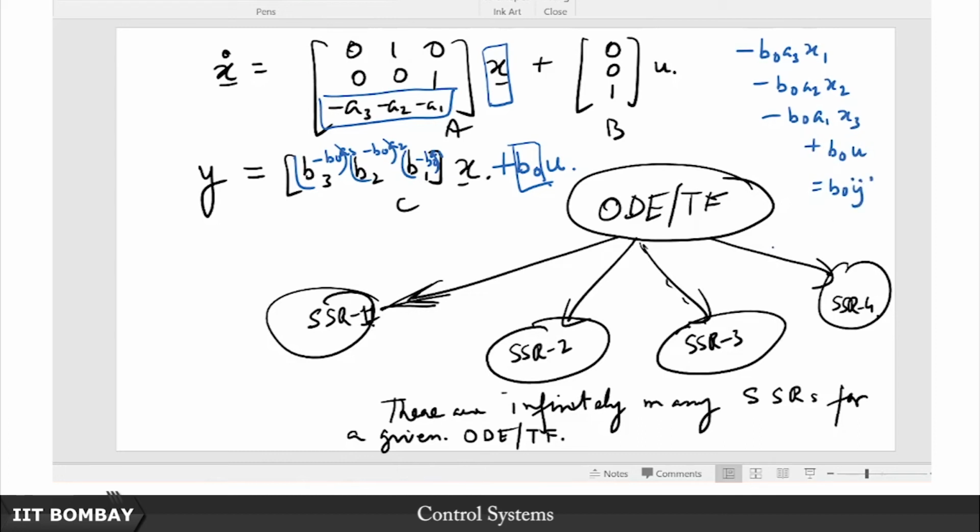So that is going to be added to this. B0 u is already appearing here. But what about these terms? Already they had B3 times x1, B2 times x2, B1 times x3.